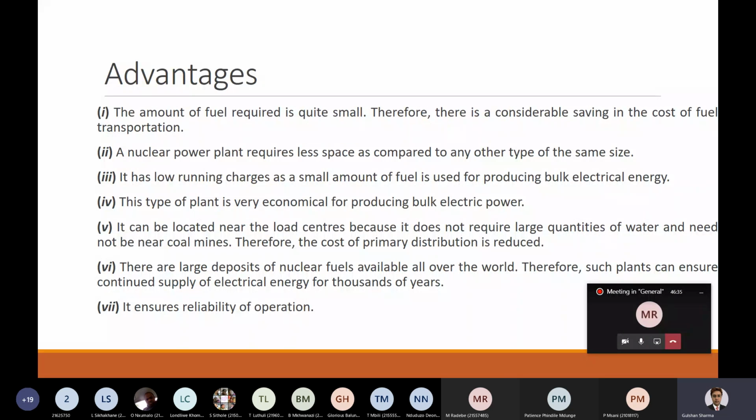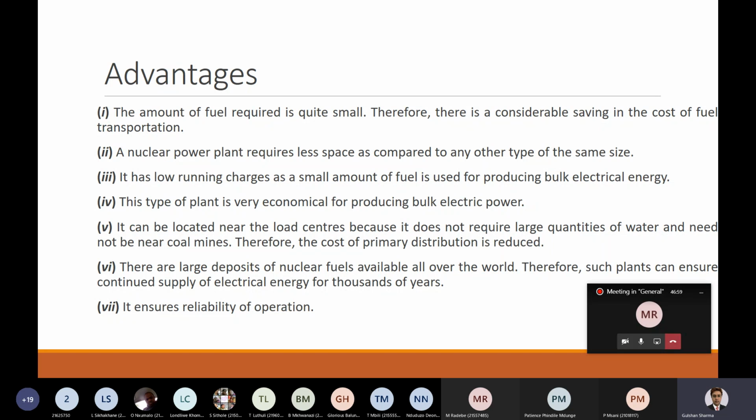Once the chain reaction is initiated, then you don't need to spend too much fuel. So the running charges are very low, because a small amount of fuel is used for producing bulk electrical energy. And that is why these types of plants are very economical for producing bulk electrical power.